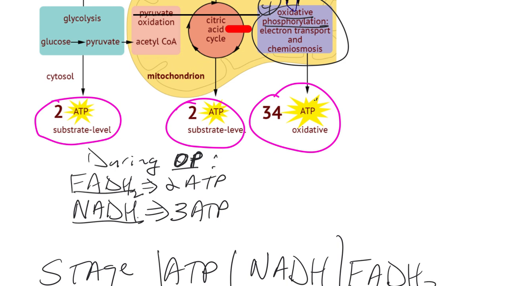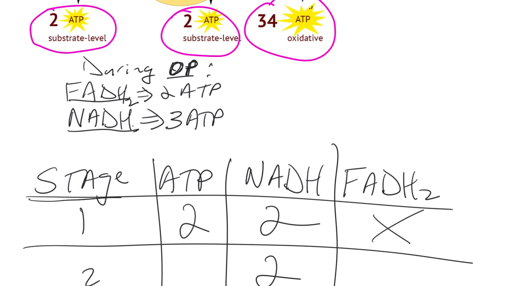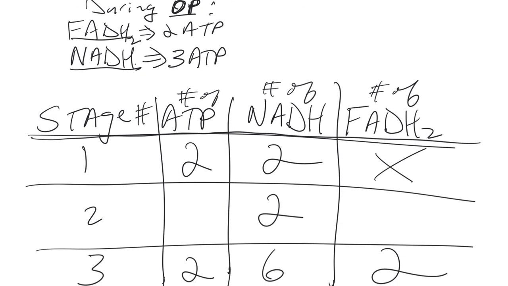You got lots of FADH and NADH having been charged up in the citric acid cycle, the Krebs cycle. So let's keep a running score. Stage number in aerobic respiration, the number of ATPs formed, charged up, the number of NADH charged up, the number of FADH2s that get charged up in each stage.